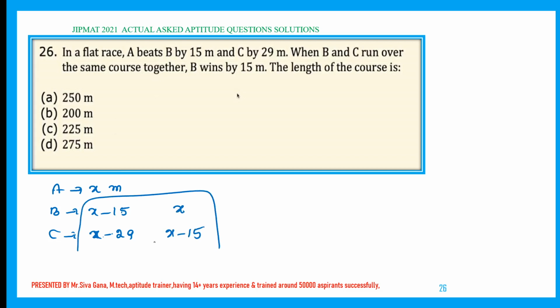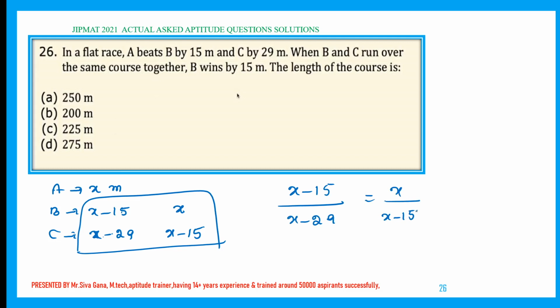So taking this ratio, distance is directly proportional to speed, you will get the length of the course. Which is nothing but (x minus 15) divided by (x minus 29) is equal to x divided by (x minus 15).